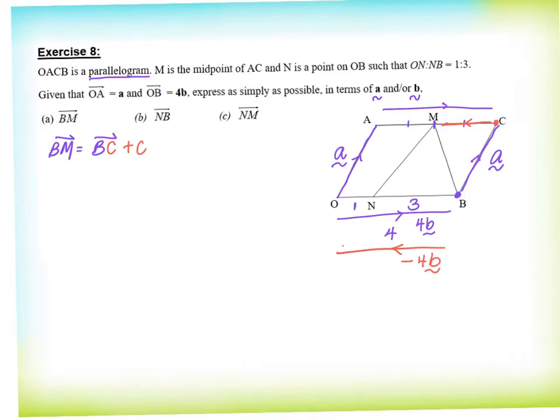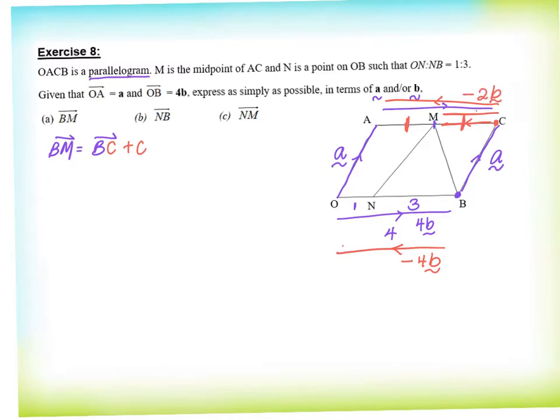But now they tell me that this is divided into 2 equal halves. So instead of having negative 4B, I will have half of it. So this portion here will be negative 2B.